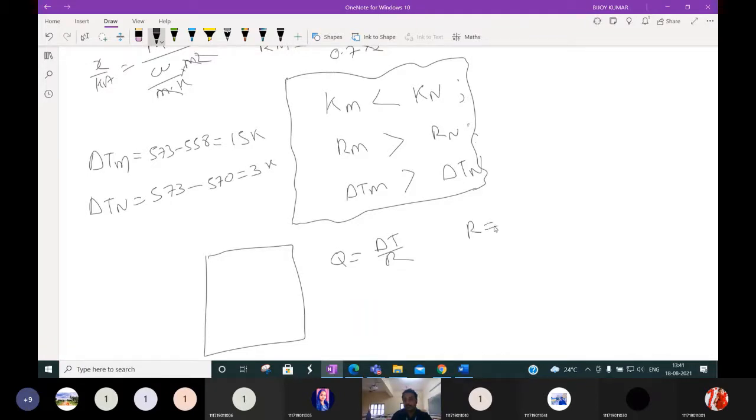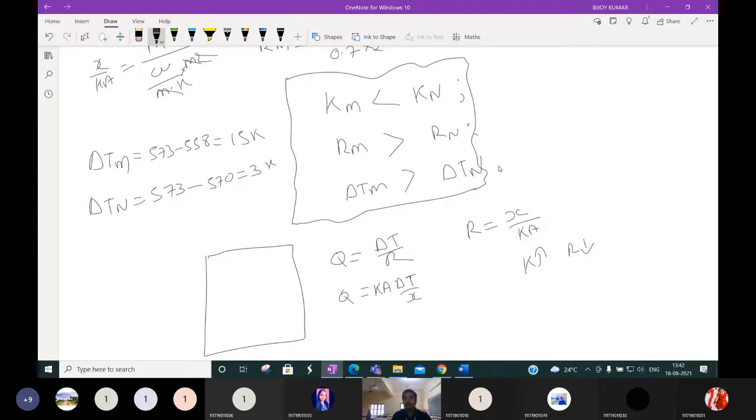Or we know that R is equal to X by KA, or you can write it as KA into delta T by X. So what we can say is, if under a condition we increase the K value, then the R value will decrease. Again, if you increase the K value, then the delta T value will decrease.